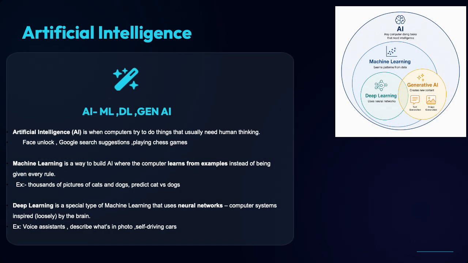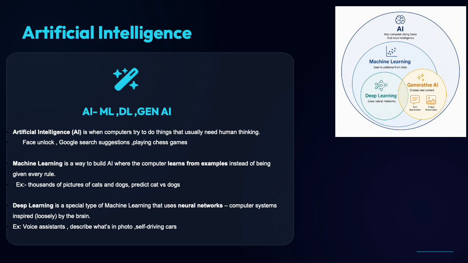People talk about AI, machine learning, deep learning, generative AI, and I know everybody is confused. I just want to take a pause and explain these concepts before we go deeper. When computers try to do things automatically, like what humans think, that can be termed as AI. AI is an umbrella term.